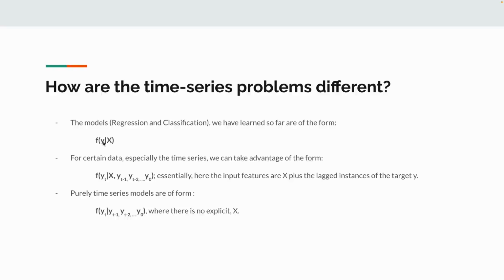If y is dependent on x, then this is the regular regression or classification problem. If y at t is dependent on x and all or a subset of previous values of y, this is a general time series problem. But you can drop x and only predict y based on all or a subset of previous values of y. This is a purely time series model. So just keep it in mind.